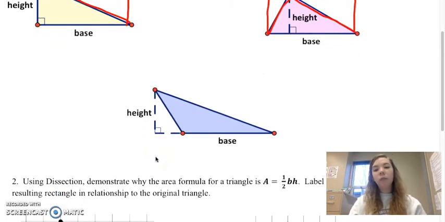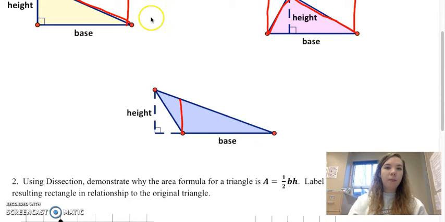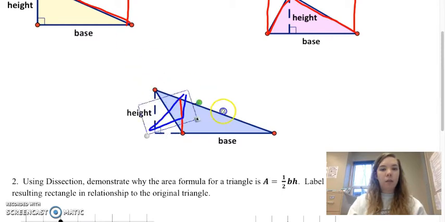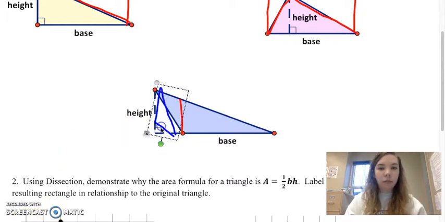Here, I'm actually going to make this a straight up side, kind of like how that one is, like this is my height instead of on the outside. Now I'm going to do the same thing that I was doing before. Move this piece just down there like so.